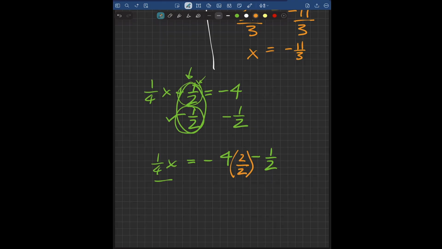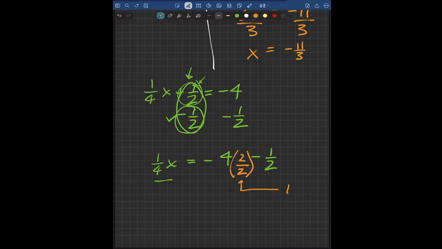That number 1 looks like 2 over 2. This is actually the number 1. I cannot multiply a single value in an equation by anything other than the number 1. Otherwise, I change its value. Okay? And that breaks the equation. It changes the equation altogether.